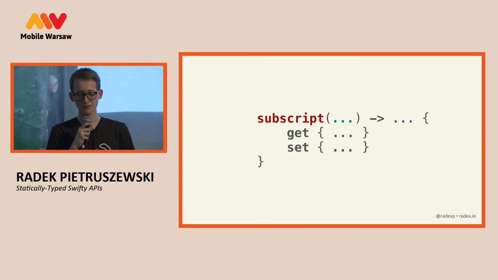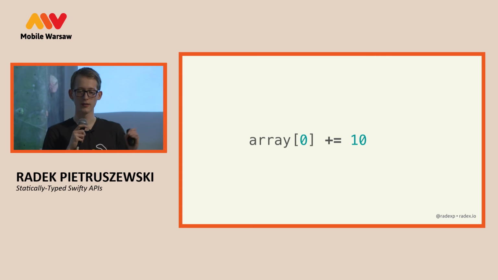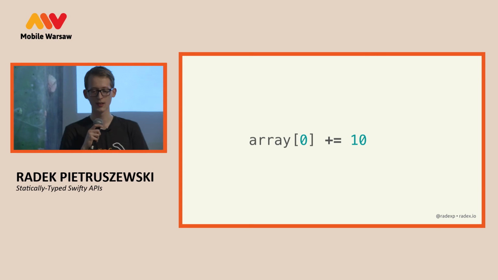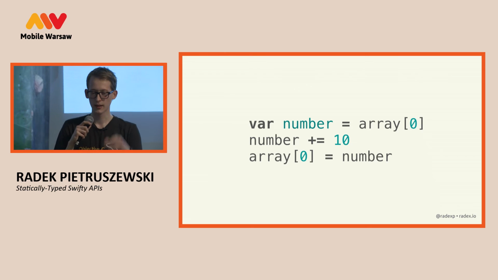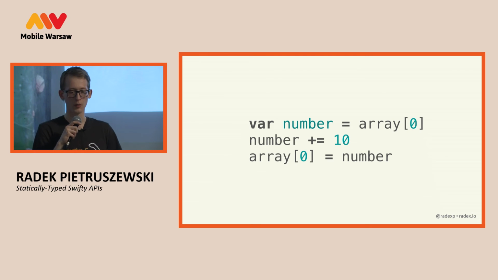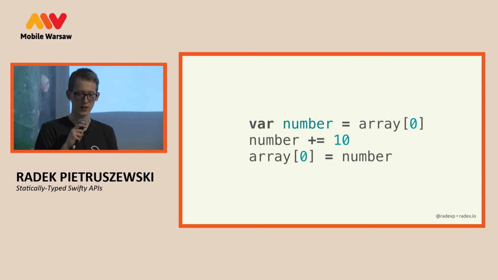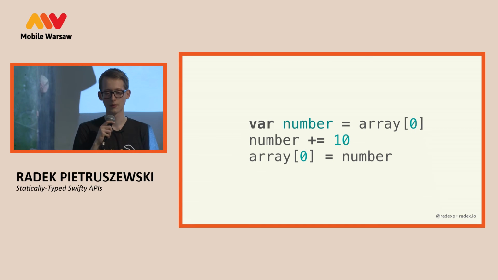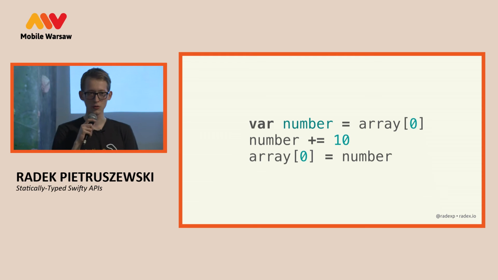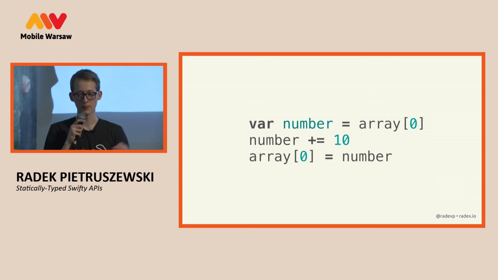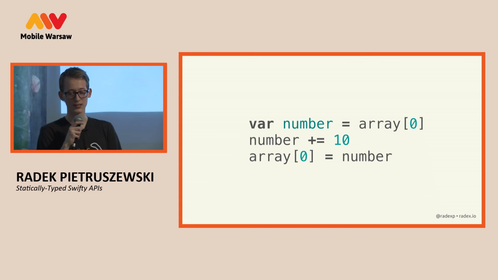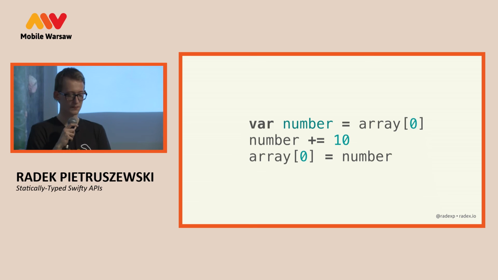Because of that, when you do array subscript 0 += 10, the compiler can, for you behind the scenes, without you having to think about it, do what's actually required, which is get the value using the subscript, modify the copy, the value returned, and set the new value. Okay? It can do it because you're using one subscript, and because it's not a method but a subscript, it has a getter and a setter.